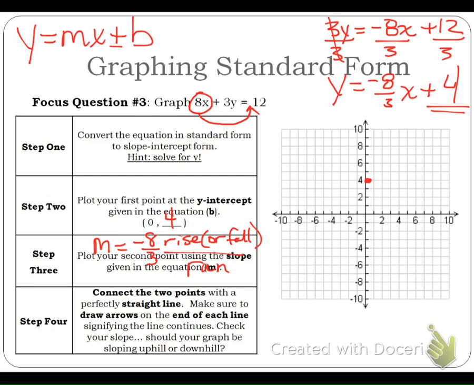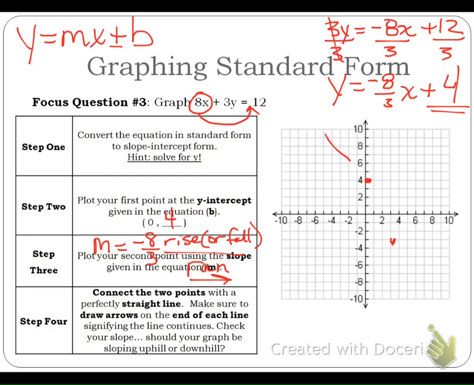And remember that we always run right. So from the point that we begin with, the y-intercept, we will count down 8. 1, 2, 3, 4, 5, 6, 7, 8. I'm down here at -3. And I run right 3. 1, 2, 3. So it looks like it's right there.